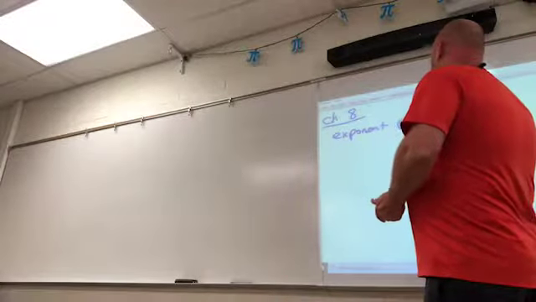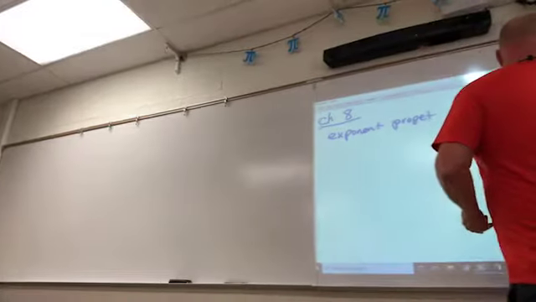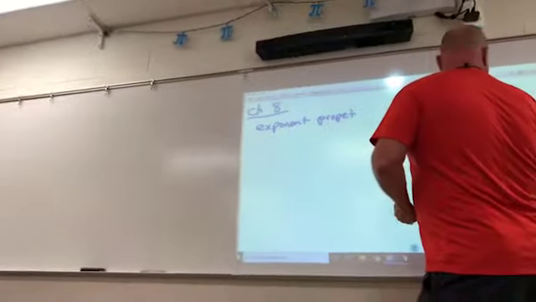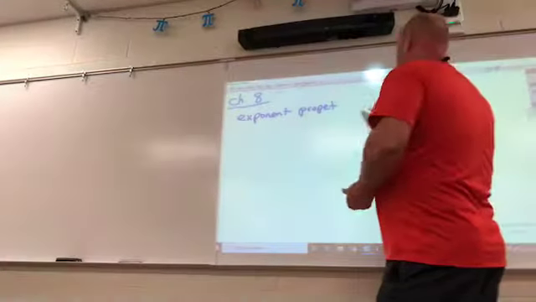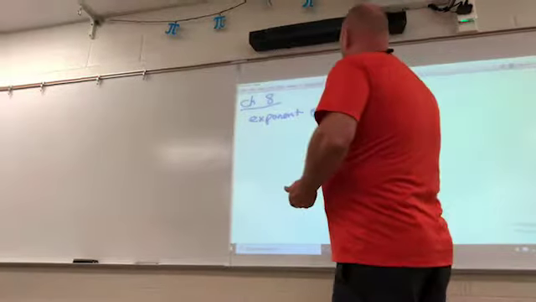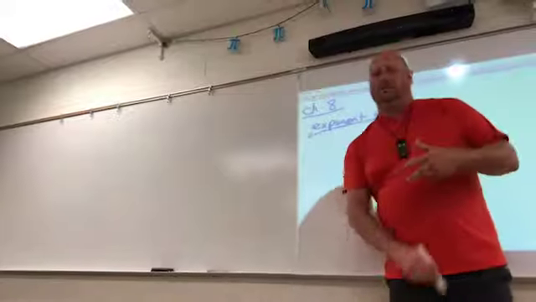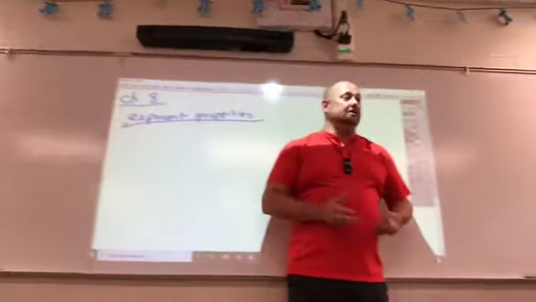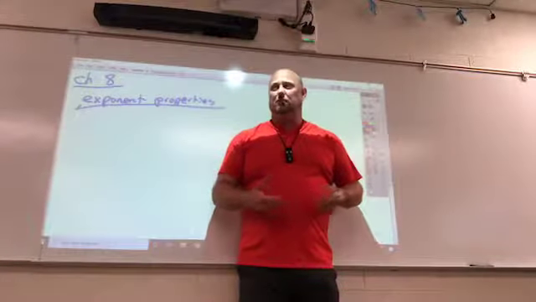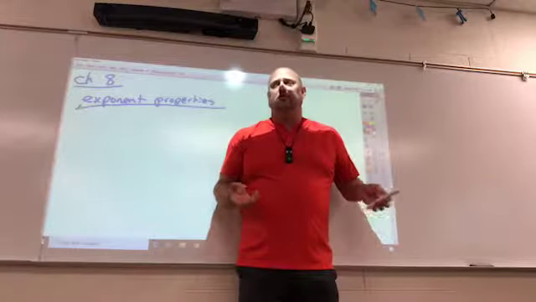And I don't expect these to be new. I expect these to be mostly review. Okay? Your exponential properties. And I don't even write them the same way the book does, because the book uses weird letters, like it uses M's and N's. Who uses an M and an N?